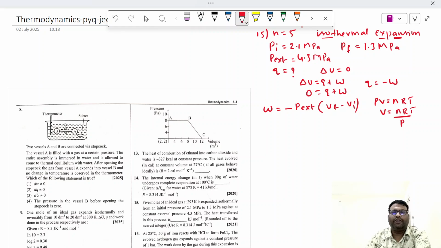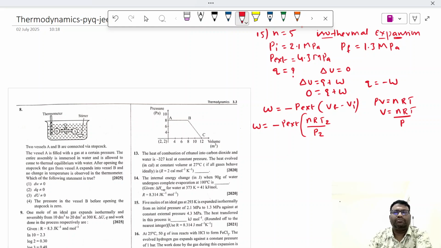So instead of volume, you can use nRT by P. So work done is equal to minus P external into, instead of V final, I can write nRT2 by P2, right?